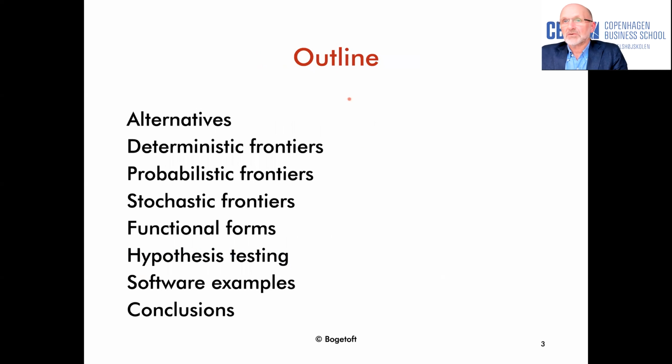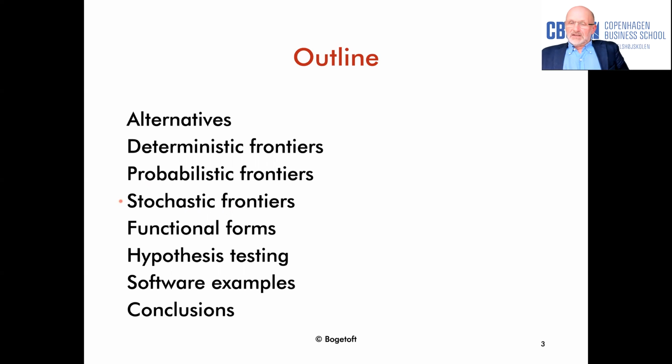Okay, so the plan is I'm first going to show you some of the parametric alternatives we have, and then we're going to talk briefly about some old deterministic frontiers, something about probabilistic frontiers, and then we move and spend the most part of this presentation on the stochastic frontiers. I'll go through how to formulate them and how to estimate them.